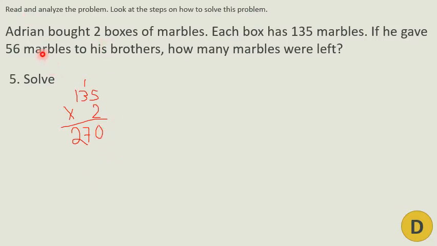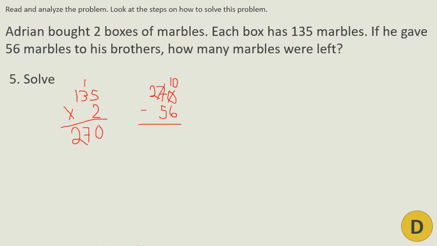So, ngayon, binawasan niya daw ng 56. So, yun ay subtraction. So, 270 minus 56. So, napapansin nyo dito, ang 0 minus 6 ay hindi pwede. So, yung 0, manghihiram sa 7 ng isa. So, kaya ito ay magiging 10.